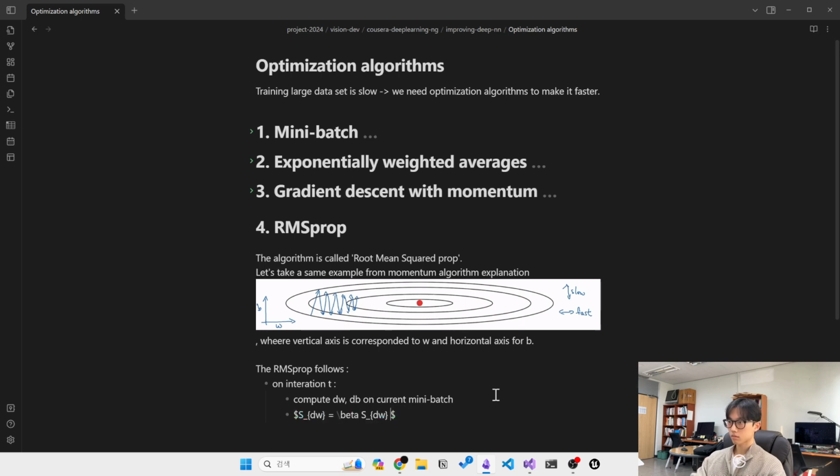I sometimes write this dW**2 to denote the exponentiation, but let's just write this as dW squared. For clarity, this squaring operation is an element-wise squaring operation. So what this is doing is really keeping an exponentially weighted average of the squares of the derivatives. And similarly, we also have Sdb equals beta Sdb plus 1 minus beta db squared. And again, the squaring is an element-wise operation.